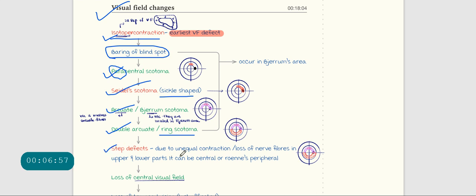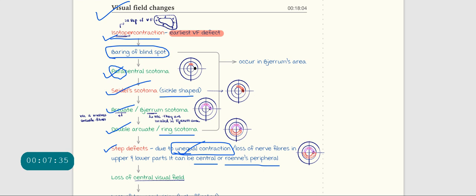Okay, step defects are basically, you can see in this image, the upper curved part is a little smaller, and the lower one is a little greater, so there could be an unequal contraction. Okay, basically this will lead to unequal contraction, and there would be a step defect due to this, and this step defect is of two types, that is central and peripheral step defect.